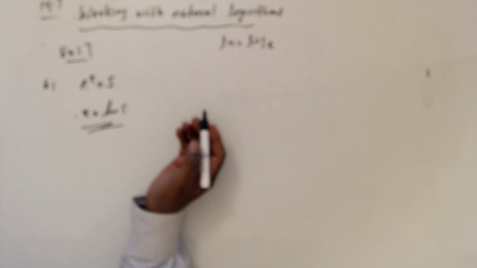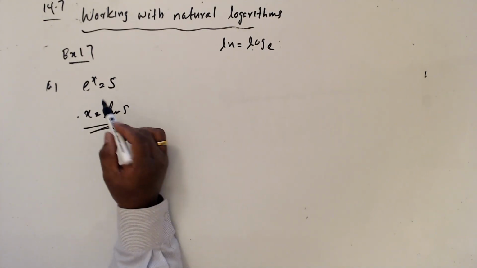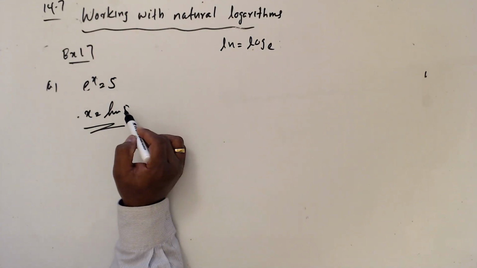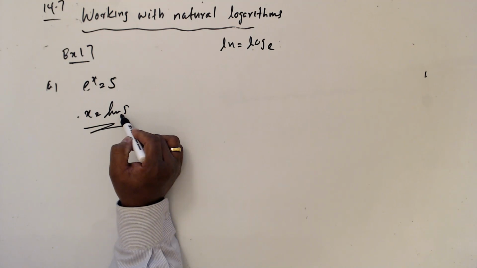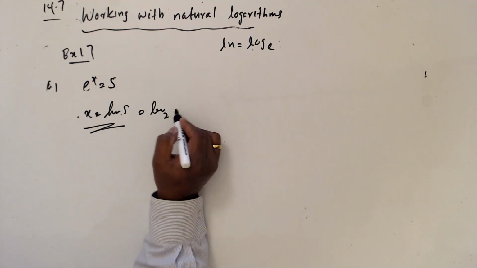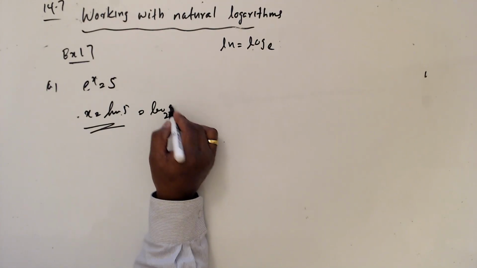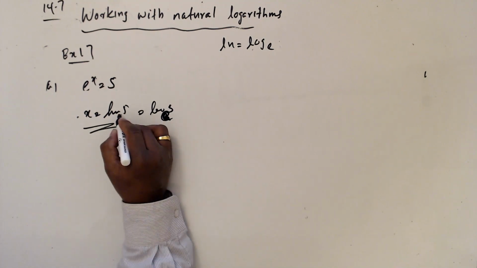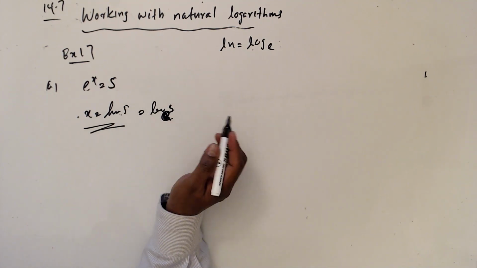Now where is the base? Where is the power? The power is here. You can't see the base here. The base is e, to the power 5. So the base is hidden, but still there.